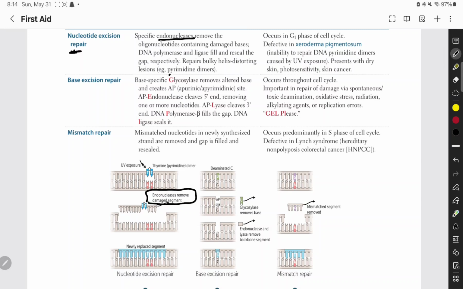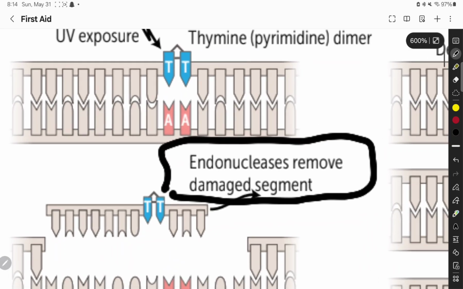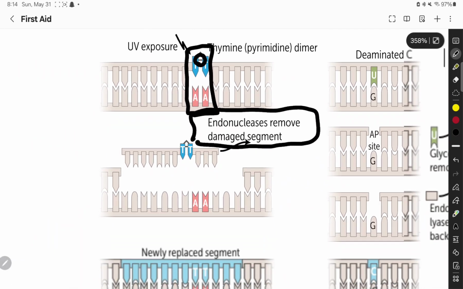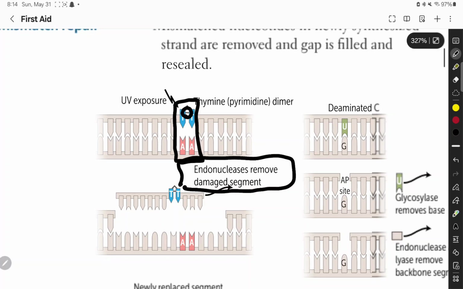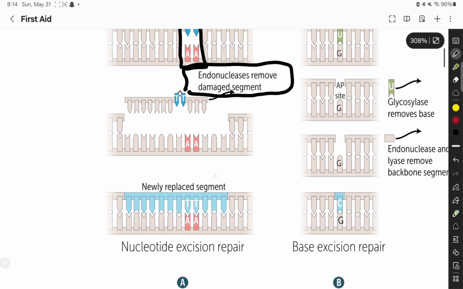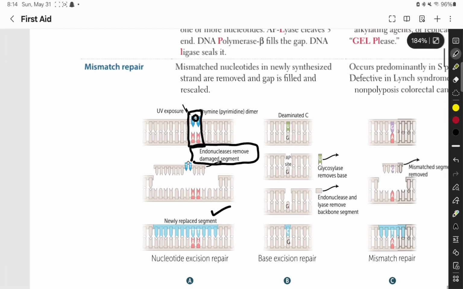It repairs bulky helix-distorting lesions such as pyrimidine dimers. You can see this entire segment has an error, a pyrimidine dimer in between, and this part is removed by the endonuclease, a DNA polymerase acts upon it, and we have a newly replaced segment all ready for your body. What a beautiful mechanism this is.